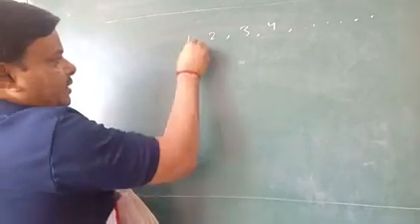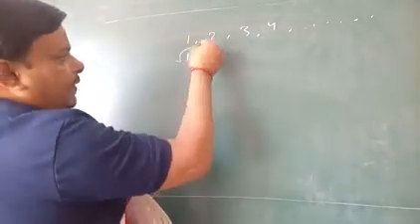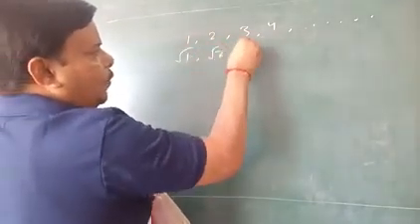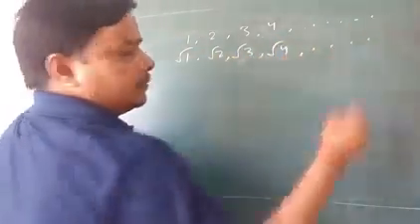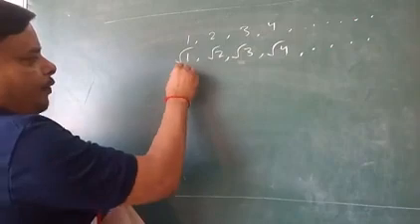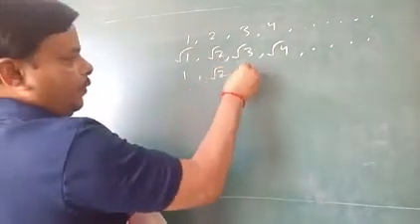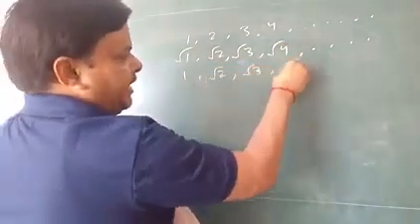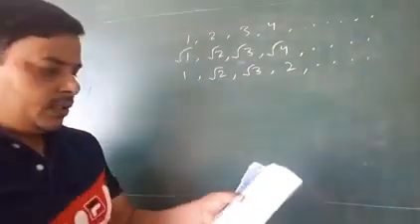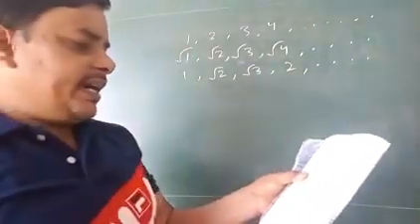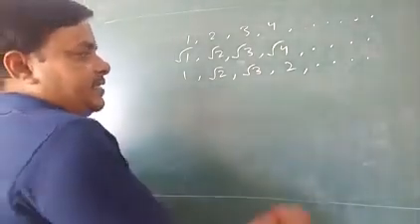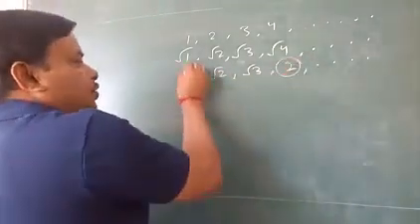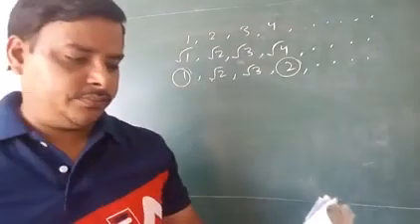If we take the square root of these numbers, we will find root 1, root 2, root 3, root 4 and so on. The square root of 1 will be 1, then root 2, root 3, and then it will be 2. Hence, we see that the square roots of all positive integers are not irrational because these two are rational.